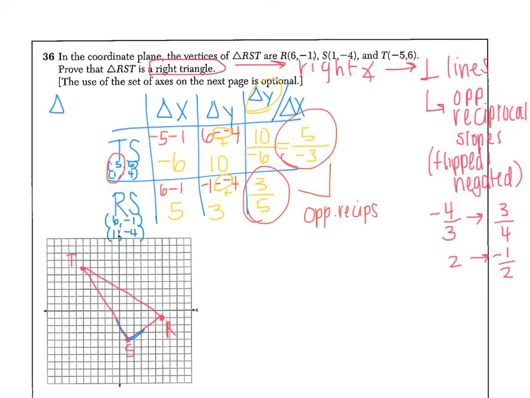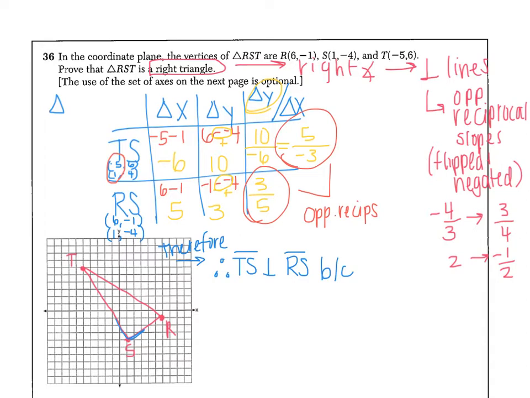So now I can make a conclusion. We put these 3 little triangles, which mean the word therefore. Therefore, TS is perpendicular to RS. Because just like in a T-chart proof, you have to back up your statement with a reason.